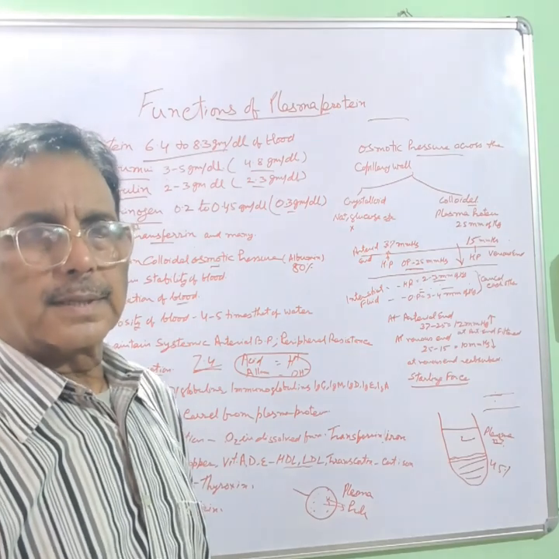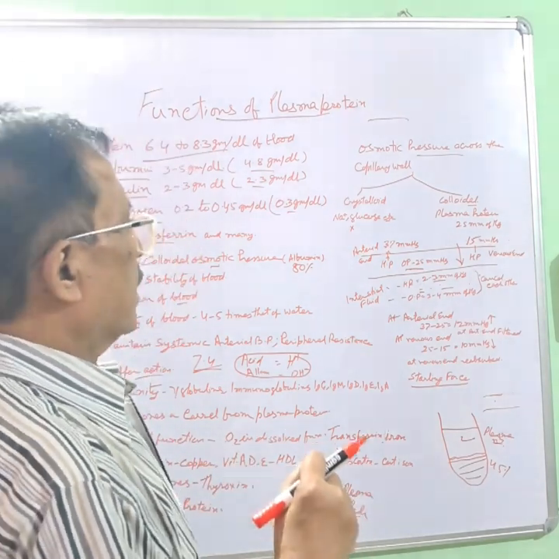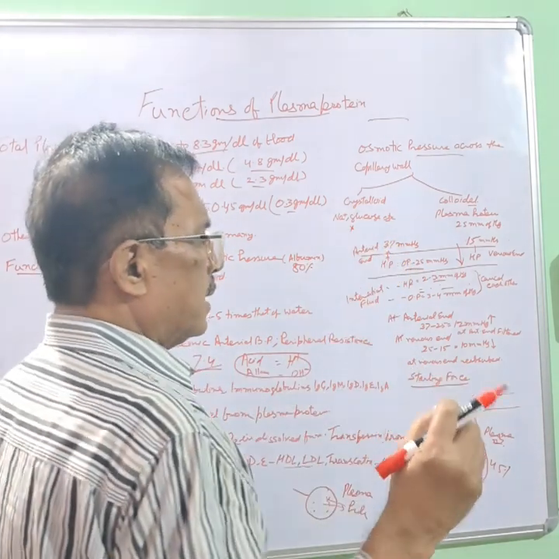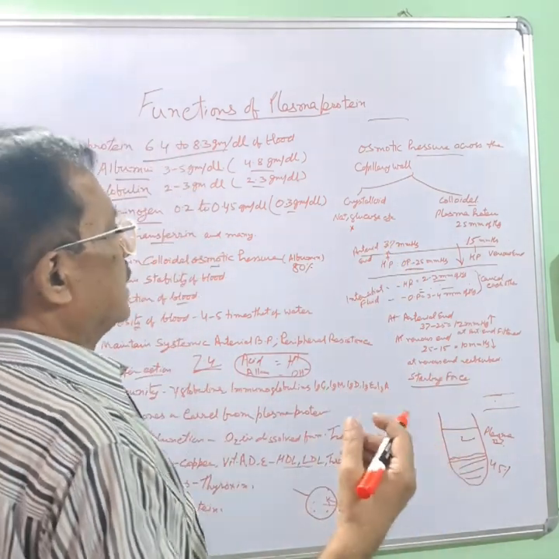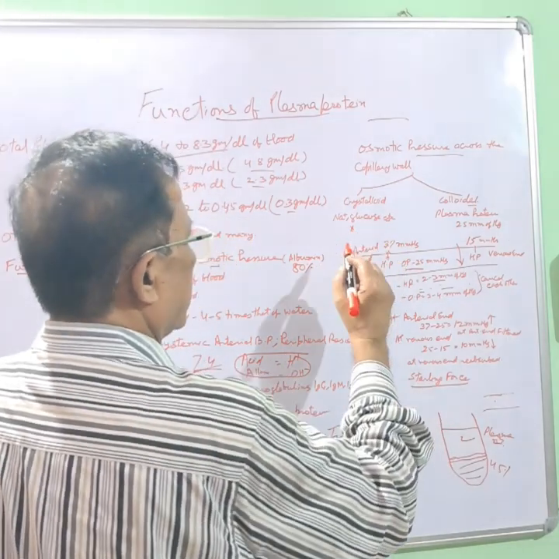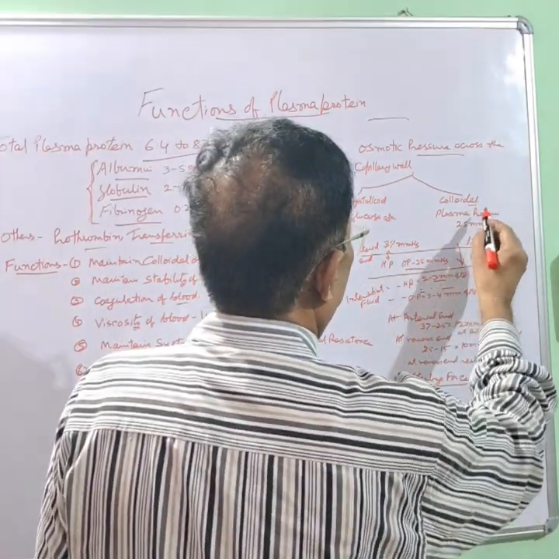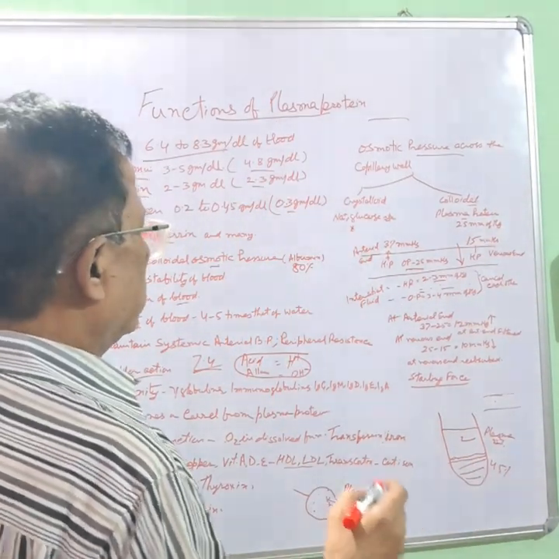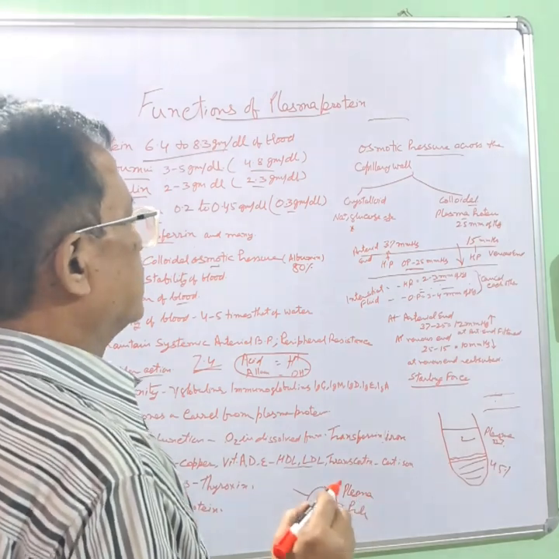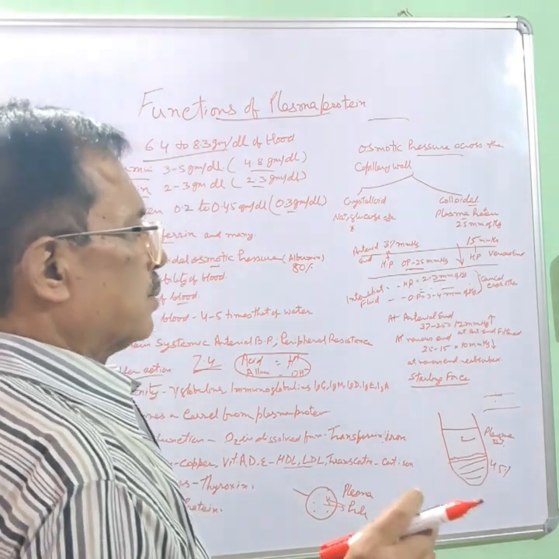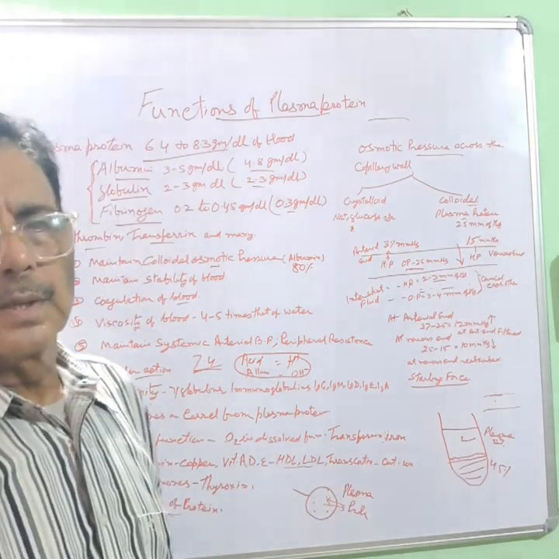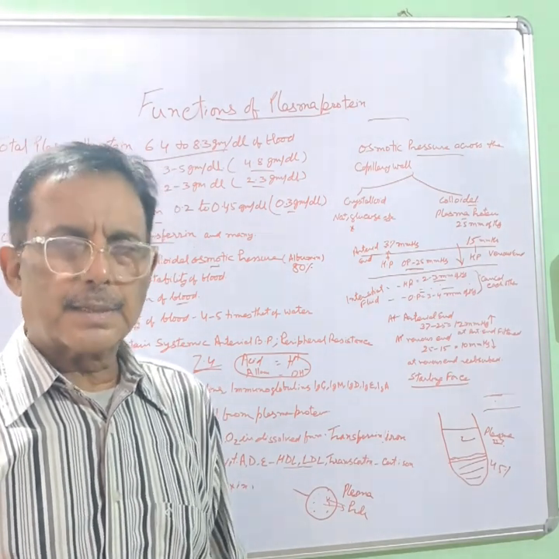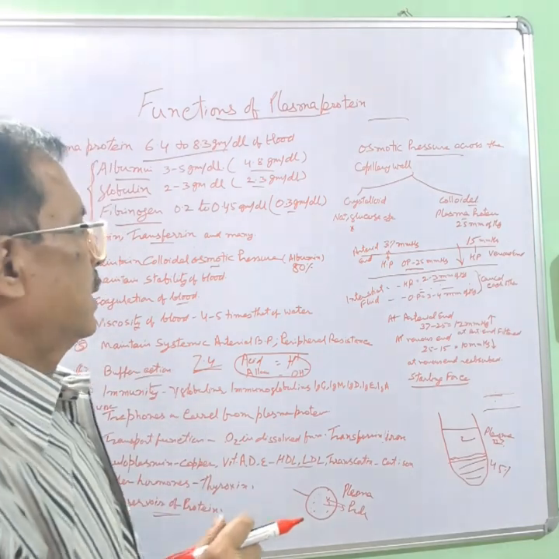Crystalloids, such as sodium and glucose, can pass across the capillary walls and exert only a negligible amount of pressure, so the main one is colloidal osmotic pressure. Colloidal osmotic pressure is exerted by plasma protein, in which albumin contributes 80%. The osmotic pressure exerted by plasma protein is called oncotic pressure.